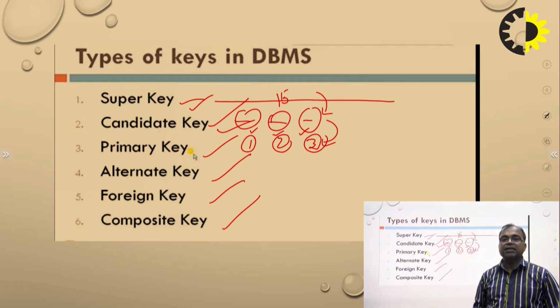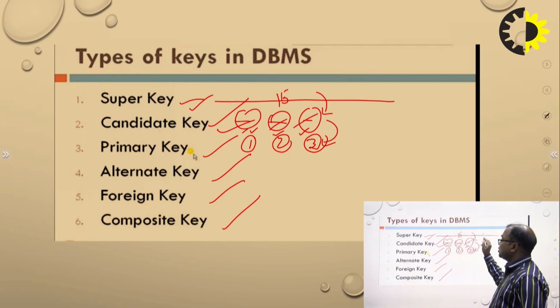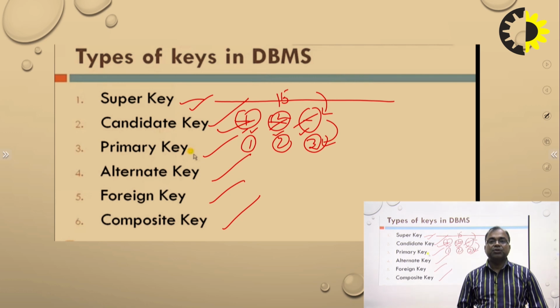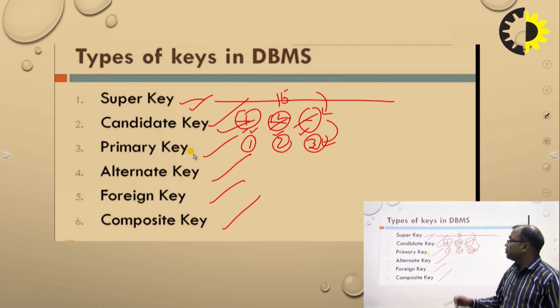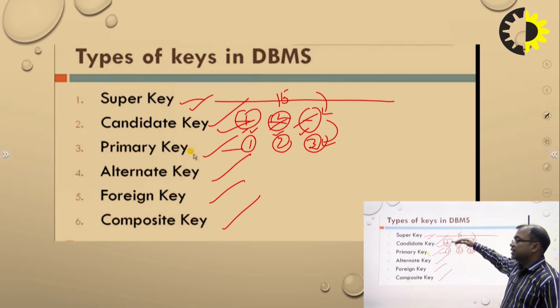It is the database administrator, the database designer who decides the primary key from these candidate keys. From these 3, any one of the keys can be chosen for a primary key. So this is a definition of primary key. Here we can understand super key is all possible combinations, the minimal super key is what we choose from the candidate keys only, and that is the primary key.